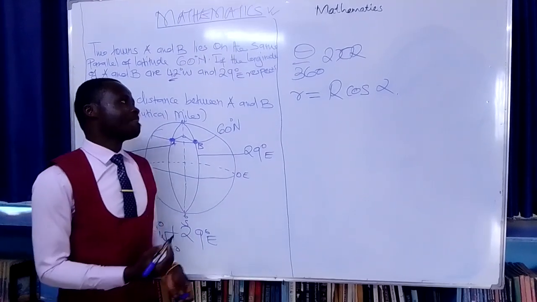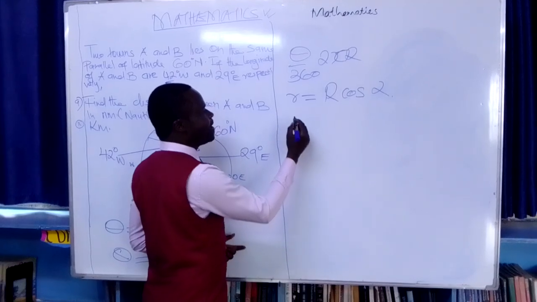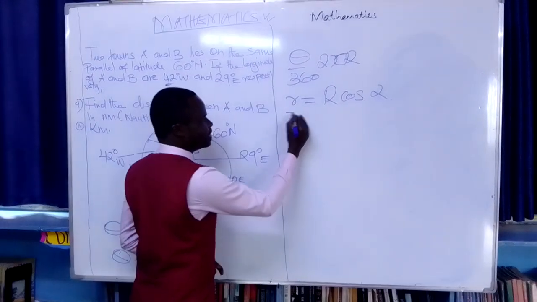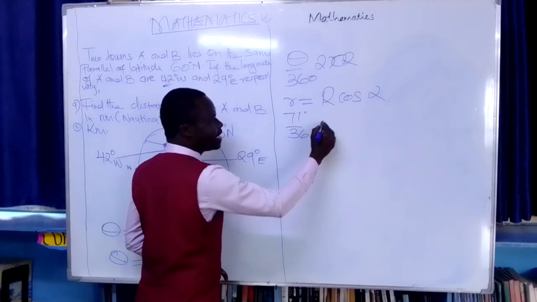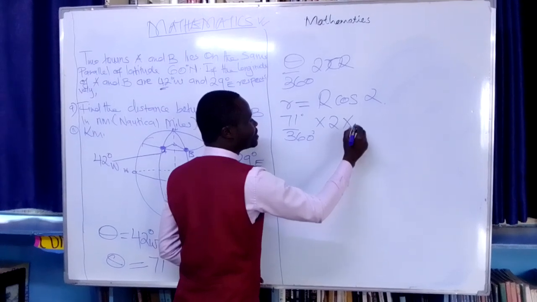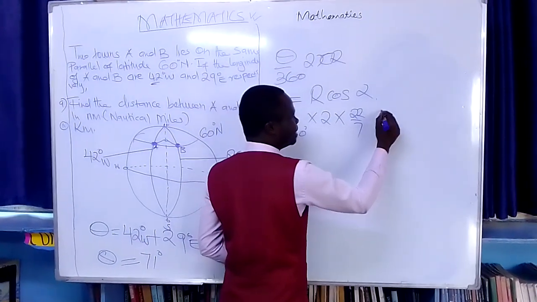So in this case, distance is given by theta over 360 times 2 times 22 over 7 times r.